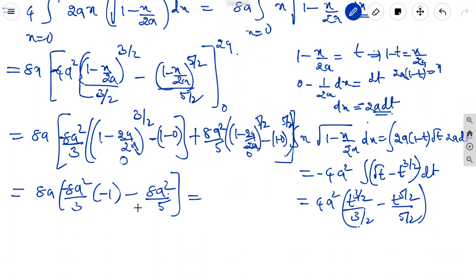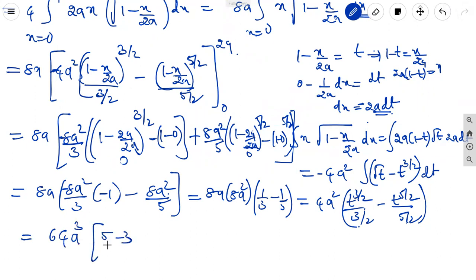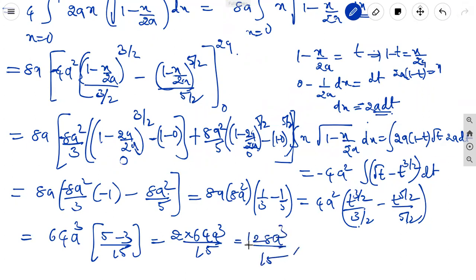Here plus is there. Now 8a into 8a square is common. That is 1 by 3 minus 1 by 5 equal to 8 8s are 64a cube, 5 minus 3 by 15. It is equal to 2 into 64a cube by 15. That is equal to 128a cube by 15 is the answer.